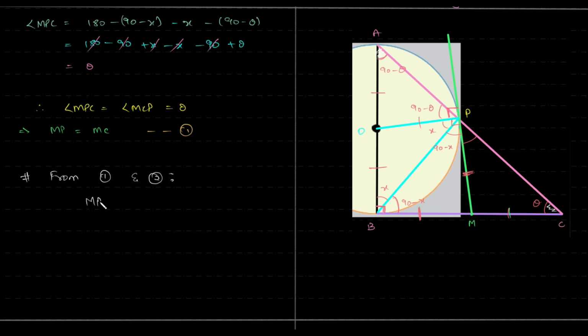So MP is equal to BM is equal to MC. And thus BC is getting bisected at M. That is, BC is getting bisected by the tangent, right? And we have the proof, hence proved.